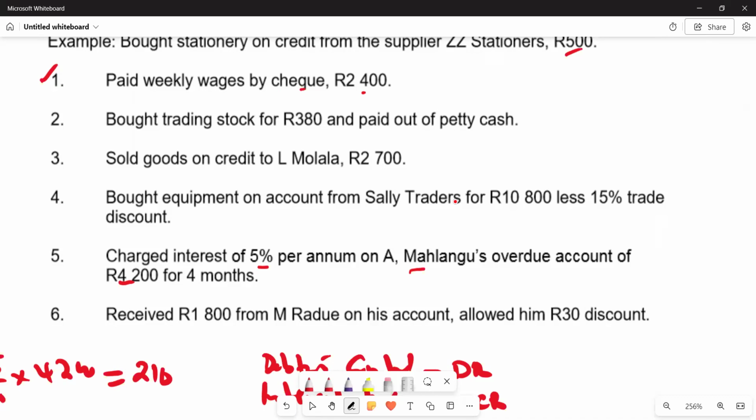But also there is a discount of 30 rand, which was allowed. So what are we going to do? We are also going to have a discount allowed account, which we are going to debit. Because discount allowed is an expense, we debit. And then we credit now the debtors control.